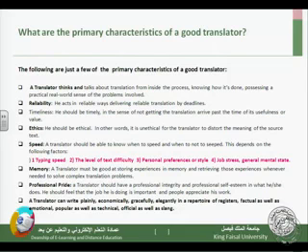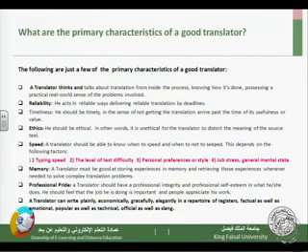Now, the last characteristic of a good translator is written by Peter Newmark, and I like this characteristic very much because it summarizes the whole thing.